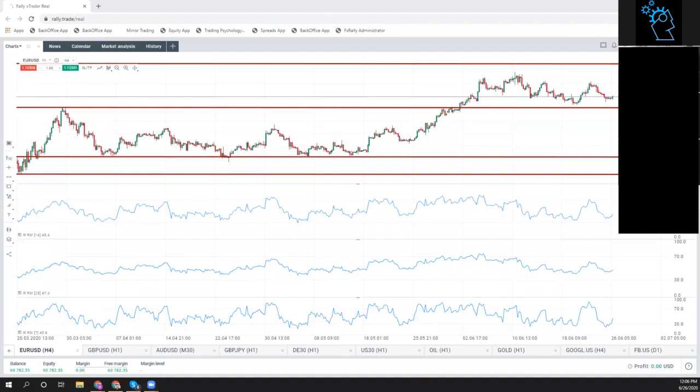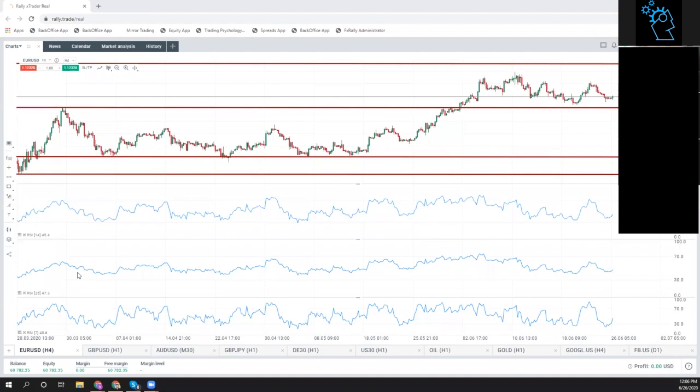Coming back. So we have three types of RSI here. We have the 14 period, the 25 period, and the 7 period RSI drawn on the chart. I usually use the default one, which is the 14 period RSI.